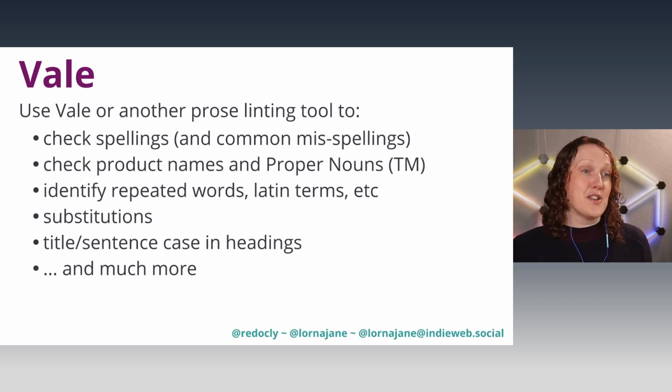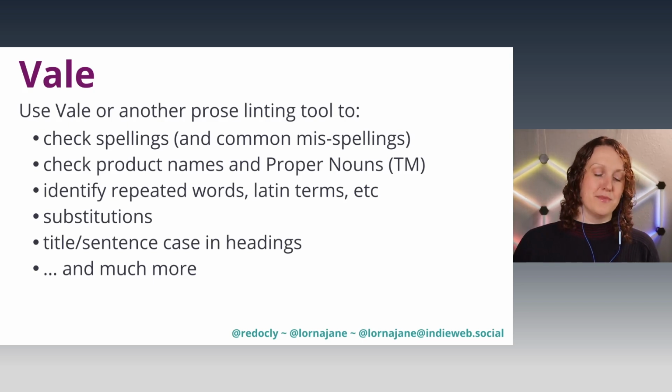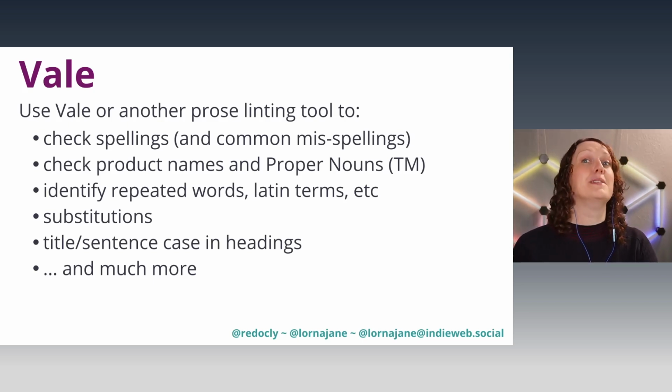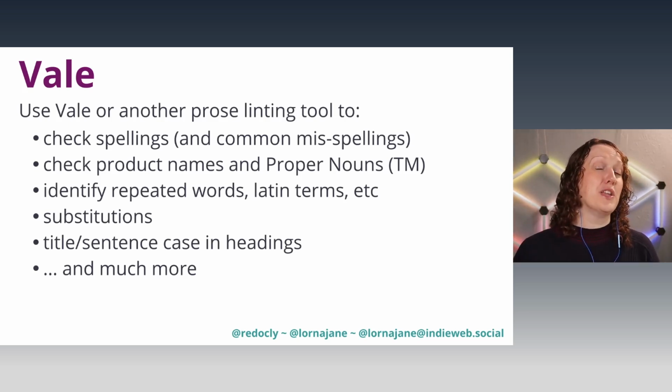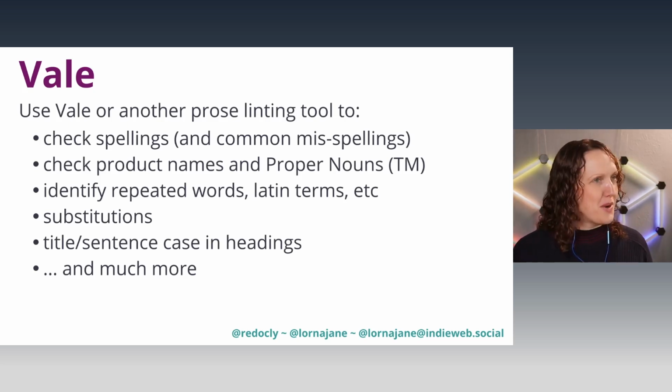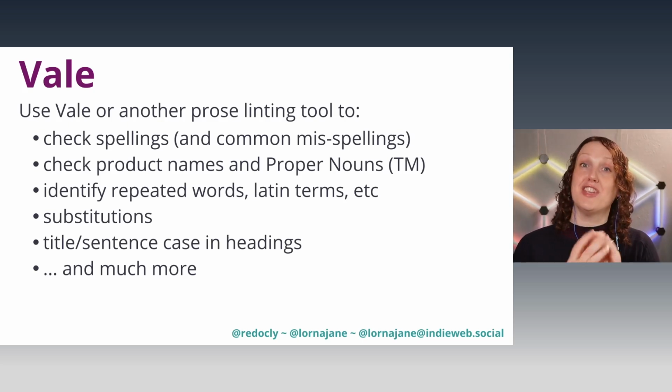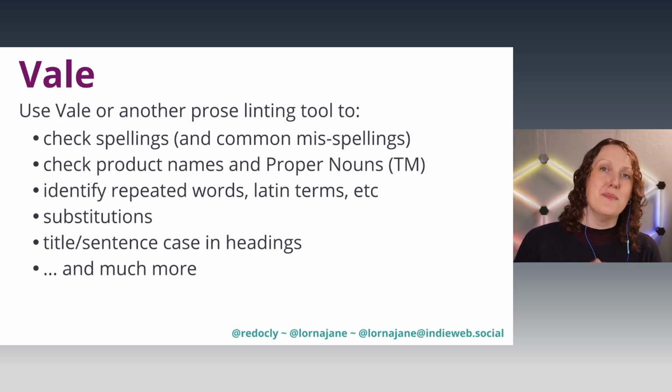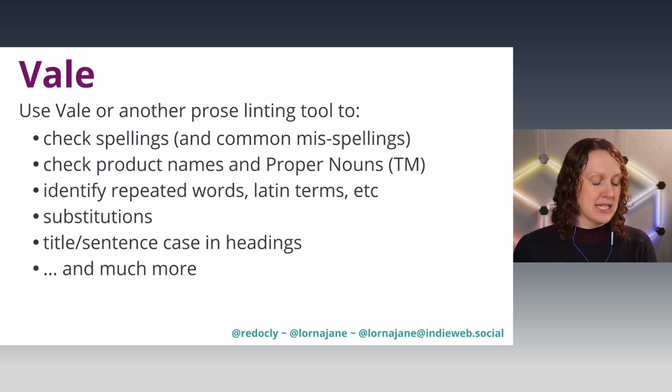Other things I like to have Vale do: checking spellings, checking common misspellings. There are a few things where that might be a valid word, but it's almost definitely not what you use. I used to work for a company that had an Apache Flink project mentioned regularly in its docs, and in the end we banned use of the English word flick and made it a misspelling of Flink.